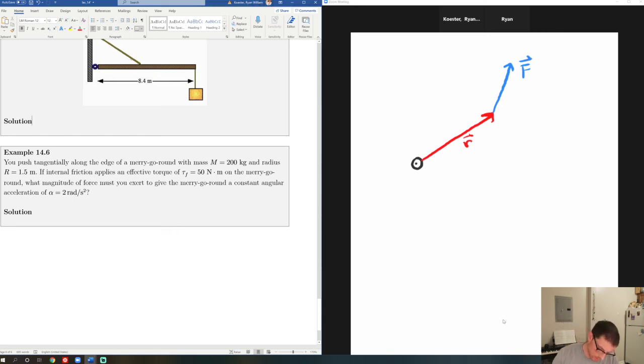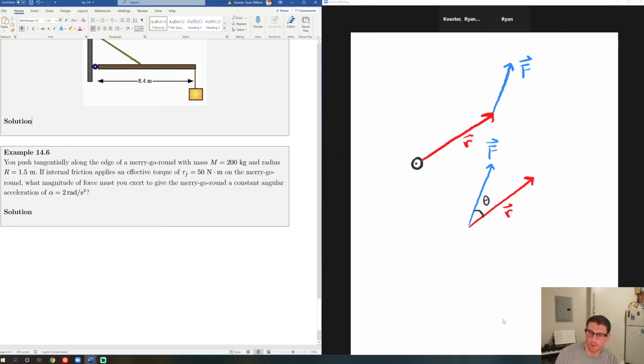Now, another way we can think of this is we can do what we did in the very first example and just draw these so that they have the same origin, right? And that might look like this. And now let's say that we know the angle between them. Let's call this theta.